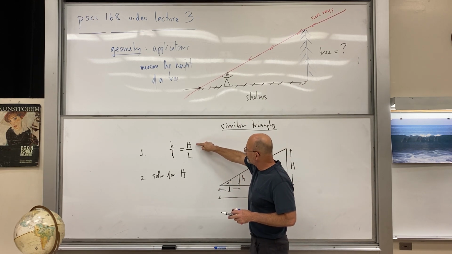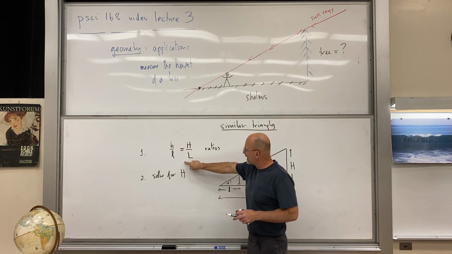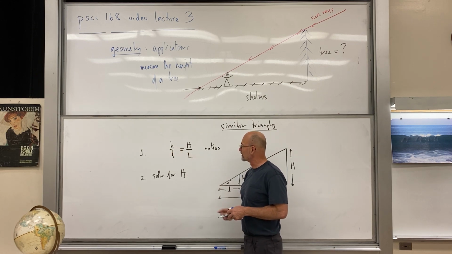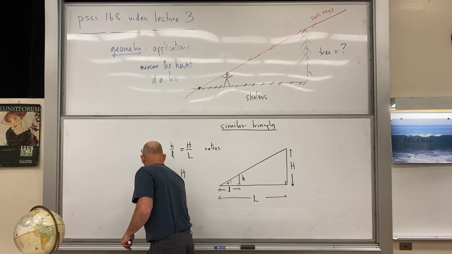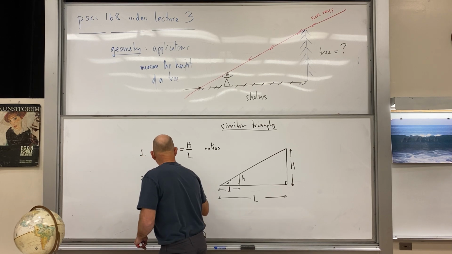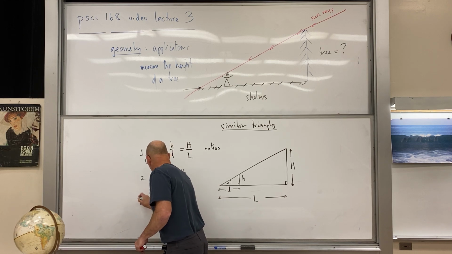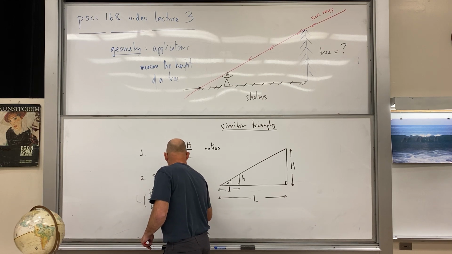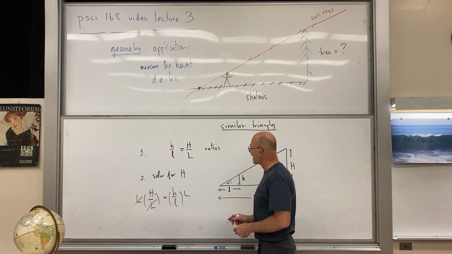If you just multiply both sides by capital L, it will cancel on the right, and you'll be left with the answer on the left here. I'm even going to do it for you. First of all, we'll write it in this order. Then we'll multiply both sides by capital L, which cancels on this side, and therefore we have our answer.